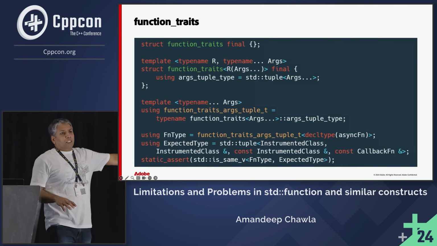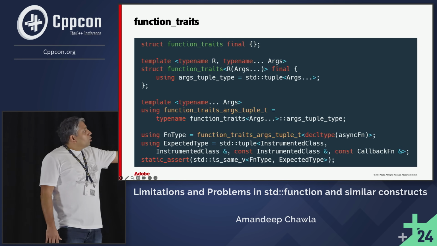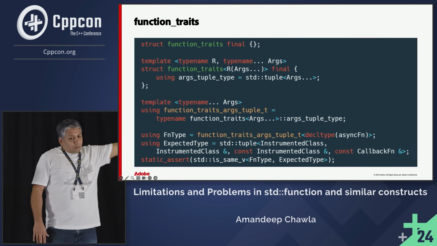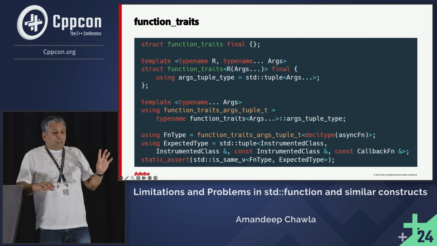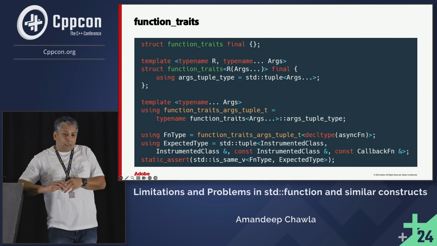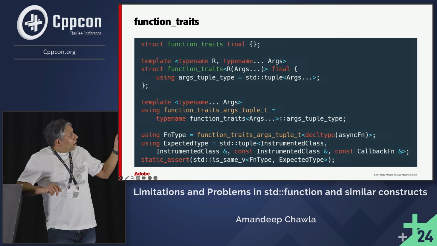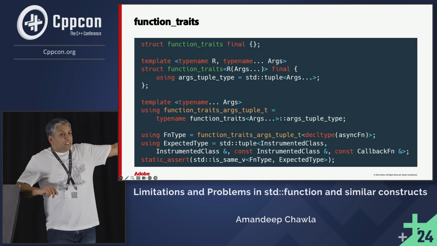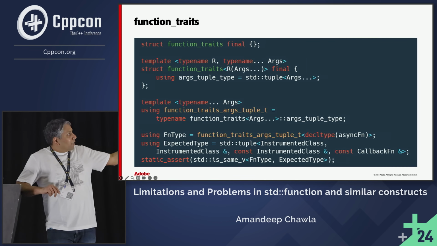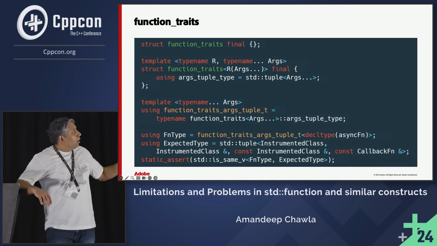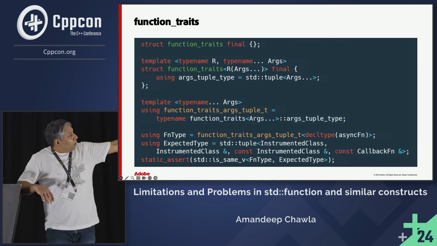And this is a code which can do that for me. You define a base template class, function traits, which doesn't have any members. And then you say there is a templated specialization which matches a normal function. R is the return type and R can be anything. And then it gives me a tuple of those arguments.